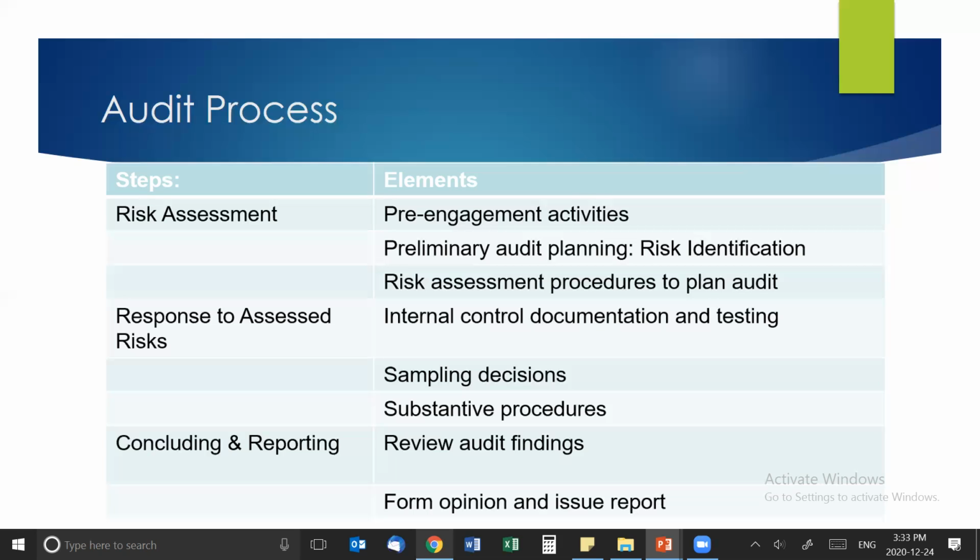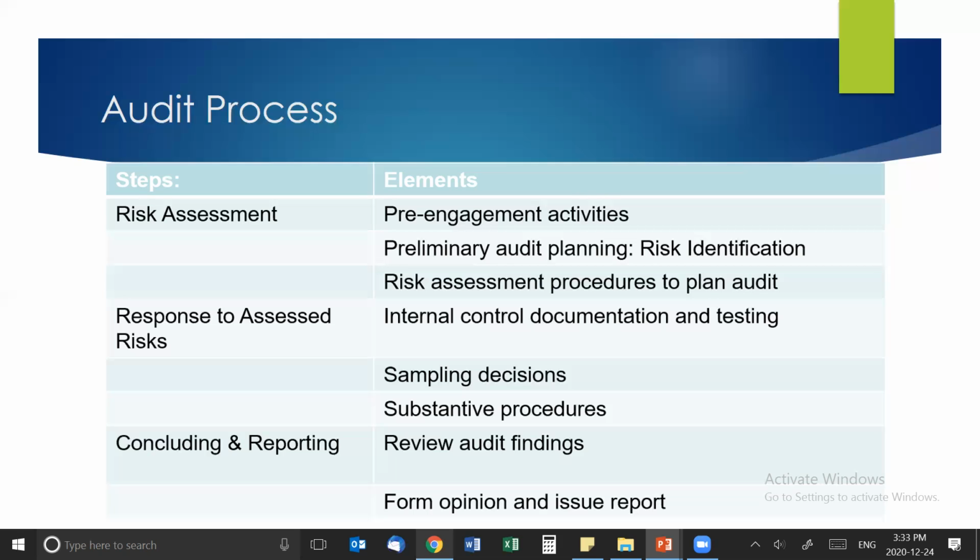Then at the end of the audit, after you do your substantive procedures, you're going to review all your audit findings. So take a look at anything that you found that was material, figure out what the total errors are, go back to management and say, are you going to fix these errors? Get them to fix it or have the discussion. And then you're going to form an opinion and issue a report.